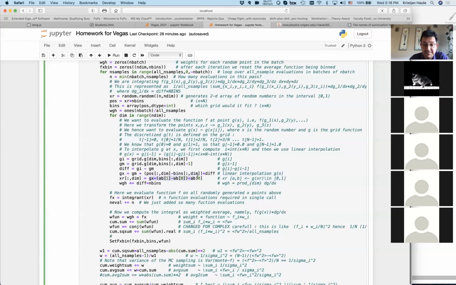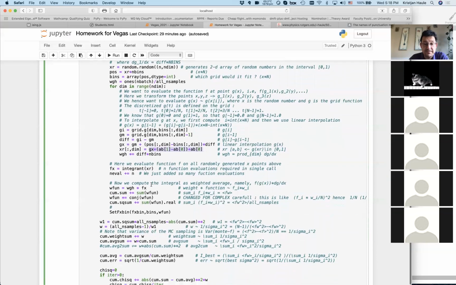So how do we do that? Well, this is very simple. We set g of x times b minus a plus a. That's it. Very simple. Then we, of course, evaluate the function on these properly defined random variables, which go now from A to B, not from 0 to 1.